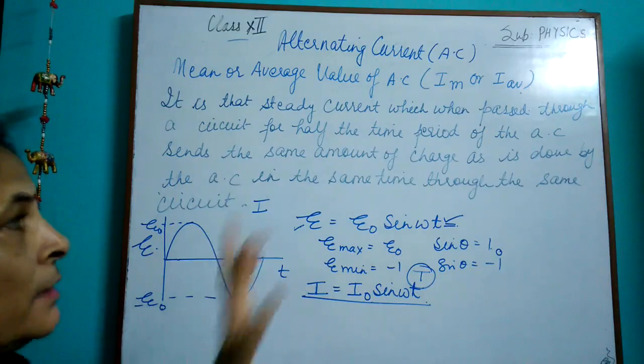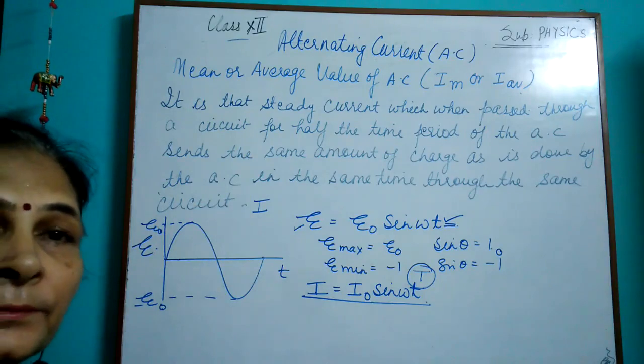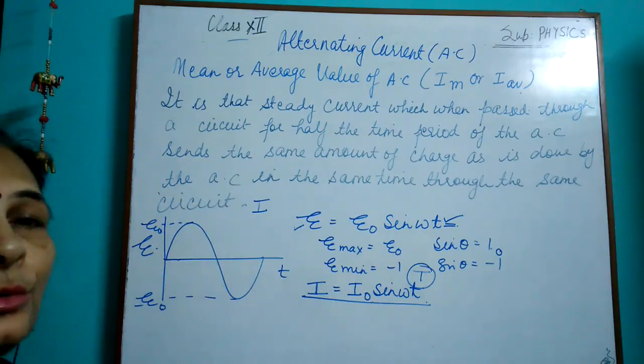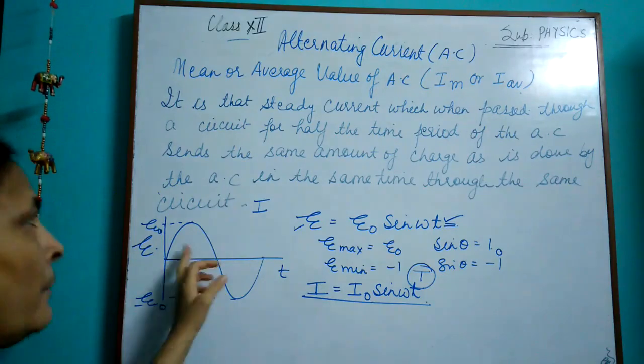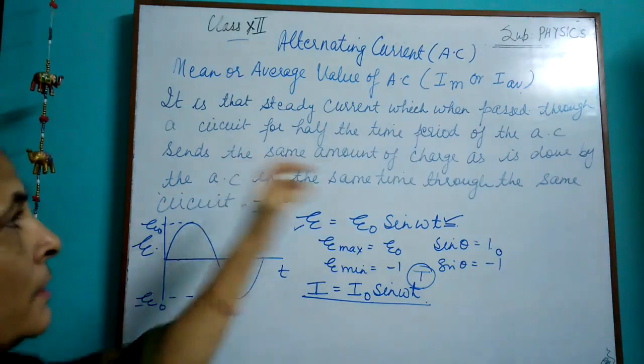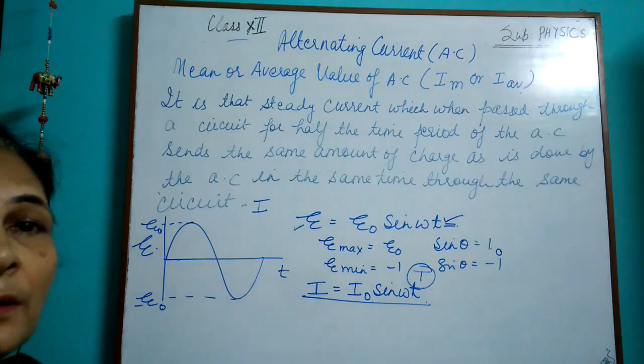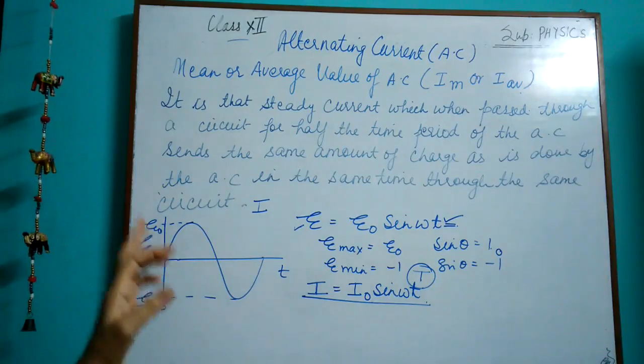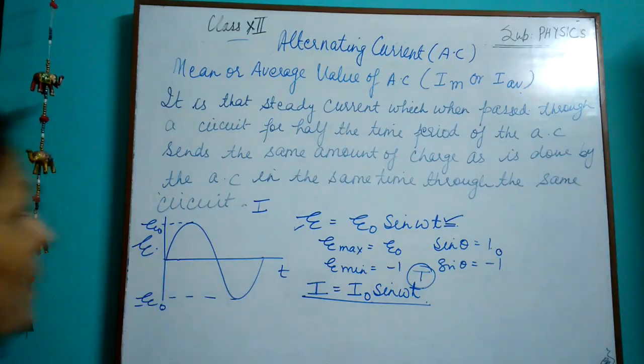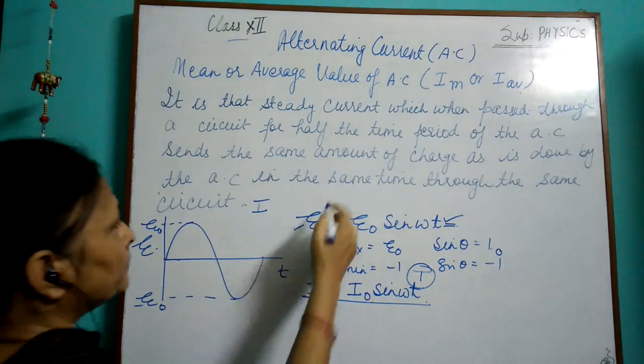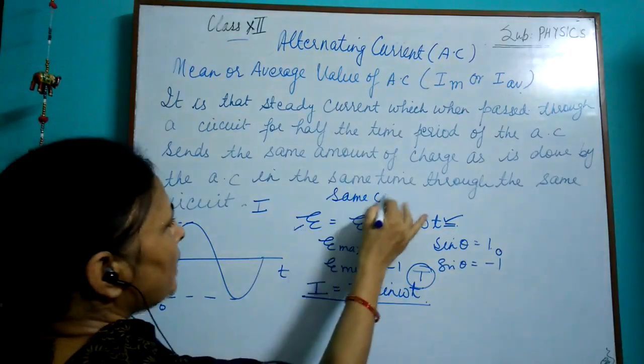See, I've written the definition over here and I'll explain to you from this wave so you can try to understand this definition physically. It says, it is that current, which one? Steady. Steady means same current.